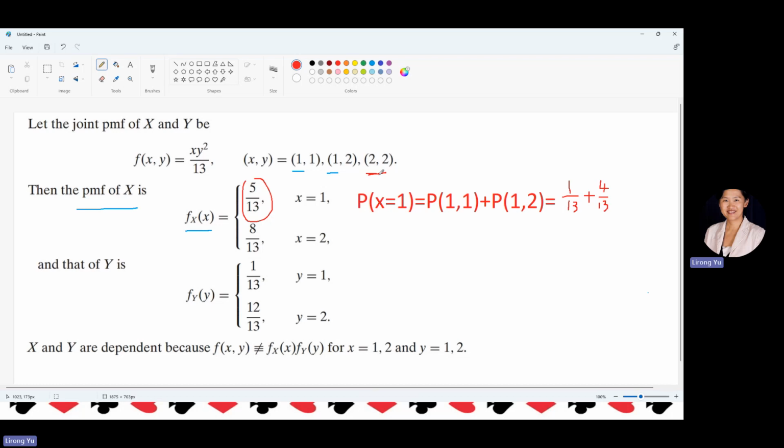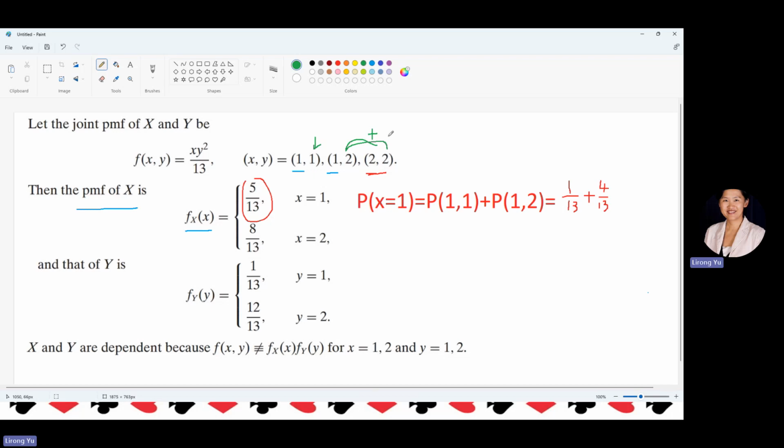For the probability of y, y can take 1 or y can take 2. For y equal to 1, it's 1 over 13. For y equal to 2, we have to add the 2 cases.